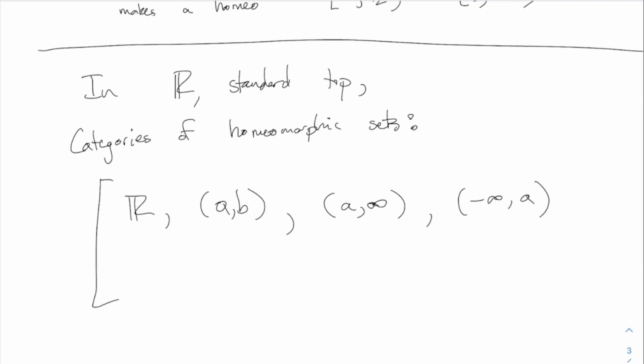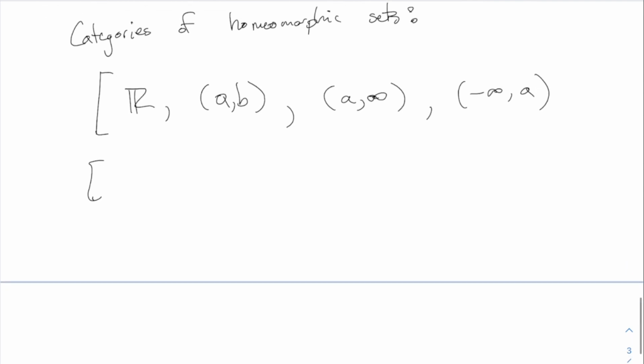There's also the closed intervals, and that would be just that. Actually, that was not equivalent to anything else that we've talked about, and it is not equivalent to R because it does include both of the endpoints, and it's also not equivalent to one of those unbounded ones with only one endpoint.